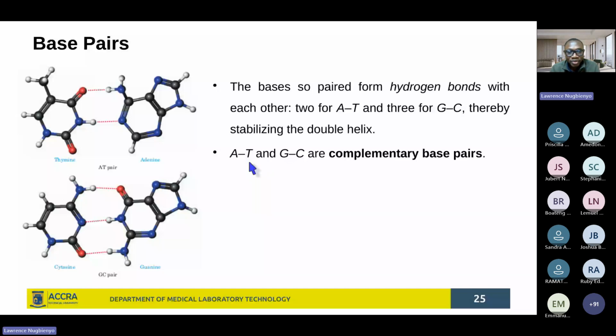The same way, guanine is complementary to cytosine, and vice versa. Cytosine is complementary to guanine. So these two are also complementary base pairs. So when you hear the term complementary base pairing, this is what it refers to: adenine pairs with thymine, and guanine pairs with cytosine. Right.